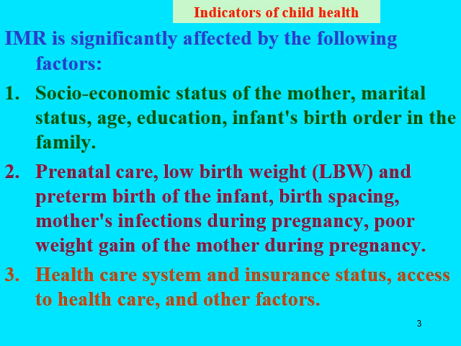In many cases in developing countries, there will be pockets or areas where socioeconomic status is really bad: poverty, nutrition, household conditions, and so on. Regarding the whole family and the mother: the marital status, the age, the education, and the infant's birth order in the family.